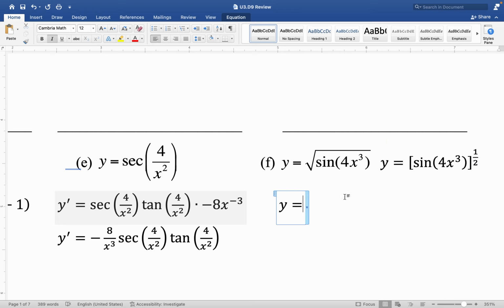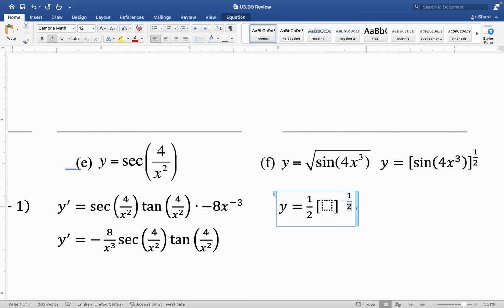The outside function is blank to the 1/2. So the derivative of the outside function is 1/2 blank to the negative 1/2. Great. What goes inside the blank? Well, the inside function, which is sine of 4x to the third, but then we need to multiply by the derivative of the inside function.